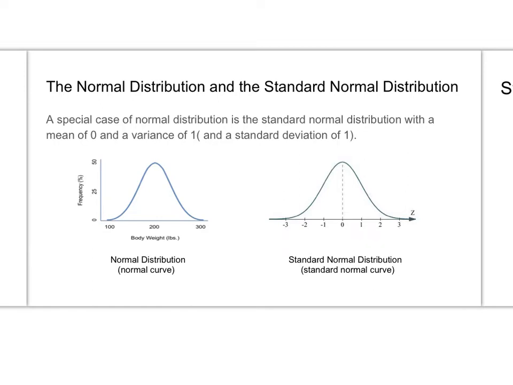The standard normal distribution is actually a normal distribution translated in a certain way. If we look at the values in terms of the center, we have these numbers 100, 200, and 300, and all the numbers in between those three numbers.